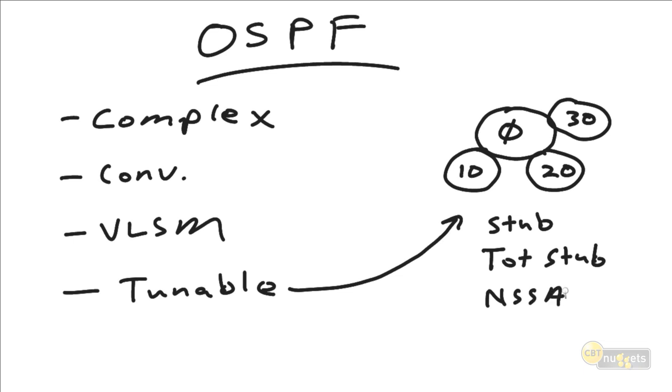And these areas will do things like dynamic filtering of updates and automatic default route generations for you to reduce the complexity and the overhead on the devices in certain areas. I would definitely say that of all of our interior gateway protocols, OSPF is by far the most complex. We could do a full 25 nugget series here at CBT Nuggets just on OSPF.